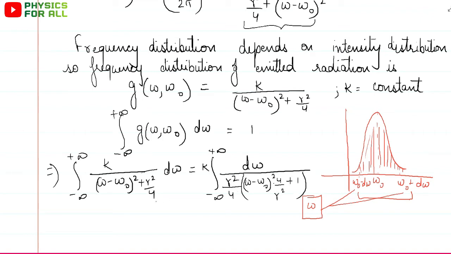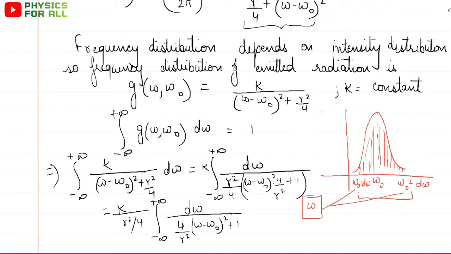So I have taken gamma square by 4 common in the denominator. What would happen now? This becomes K upon gamma square by 4. I can bring it outside because this is the damping factor, which is a constant quantity, and 4 again is a number. On bringing it outside, this becomes K upon gamma square by 4 times the integral from minus infinity to plus infinity of d omega upon 4 upon gamma square omega minus omega naught whole square plus 1.